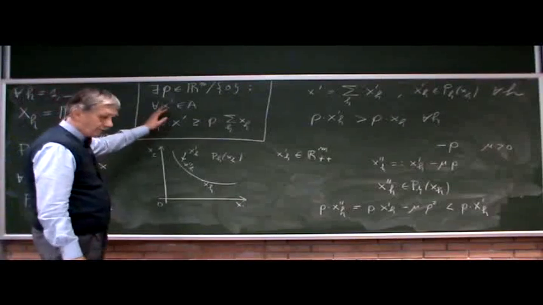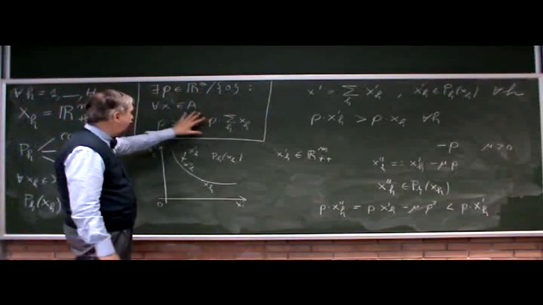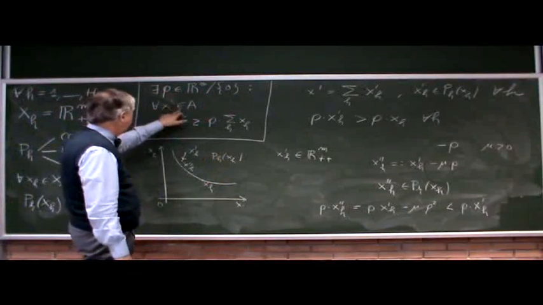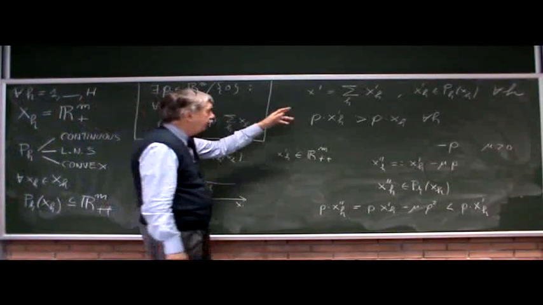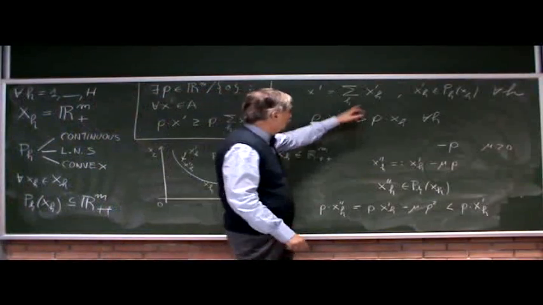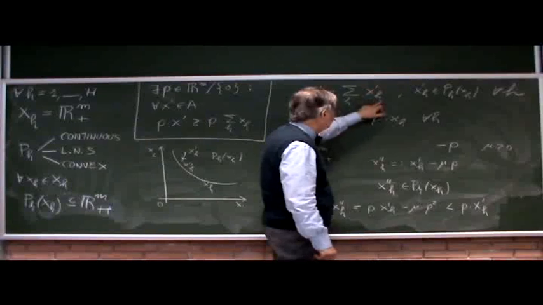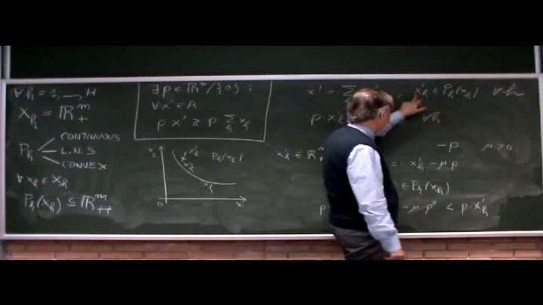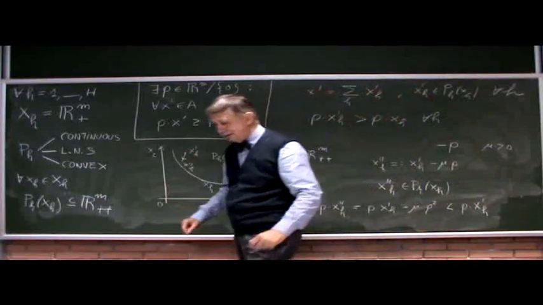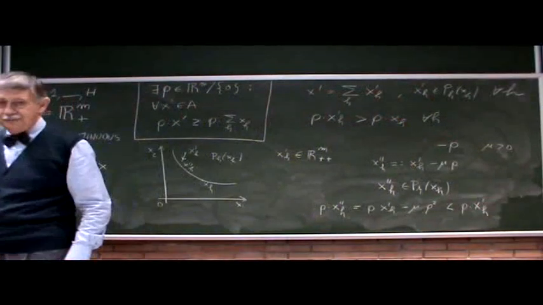In the first part of the theorem, we arrived to this result. Each point x prime in A can be expressed, by construction, as the sum of certain x prime h, where for every h, x prime h is preferred to xh. You remember, this is nothing but the definition of the set A.